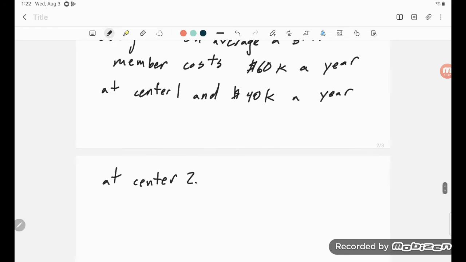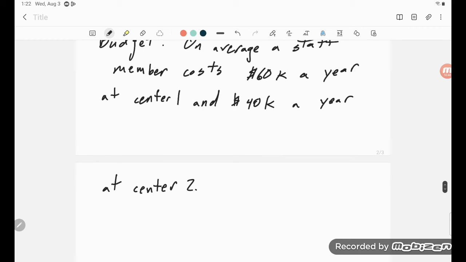Now this is very possible because this first center, maybe that's urban and the second center is rural, so costs for renting space or buying property or various things like that may be much cheaper in the rural area than in the urban area.